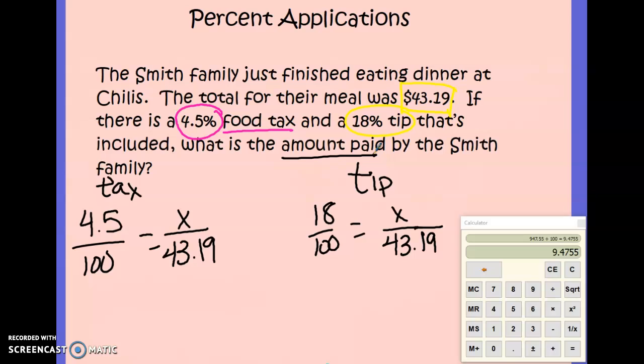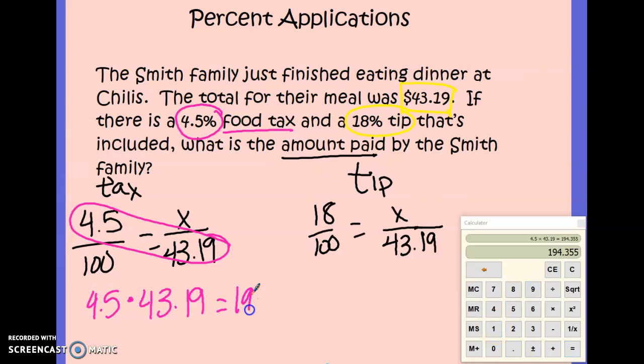Okay, so first things first, I'm going to cross multiply 4.5 times 43.19. I get 194. I'm just going to write that down. Take that and divide by 100. And I got $1.94. So sales tax, this is my tax, is $1.94.